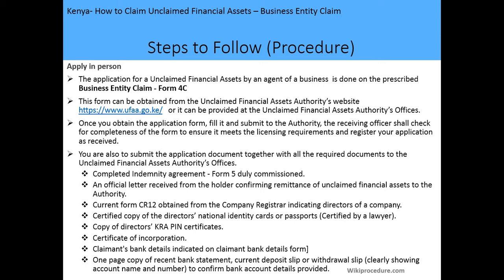We already mentioned them: the duly commissioned forms, the official letter received from the holder confirming the remittance of unclaimed financial assets, a current CR12 of the company indicating directors of the company, certified copies of the national identity cards or passports of the directors certified by a lawyer, copy of the director's KRA PIN certificate, certificate of incorporation, claimant's bank details on the claimant bank details form, and one page of the recent bank statement, current deposit slip or withdrawal slip, clearly showing the account number to confirm the bank details above.